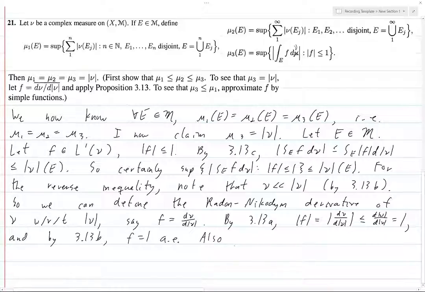Since the norm of f is less than or equal to 1, the norm of the complex conjugate of f is less than or equal to 1 as well.